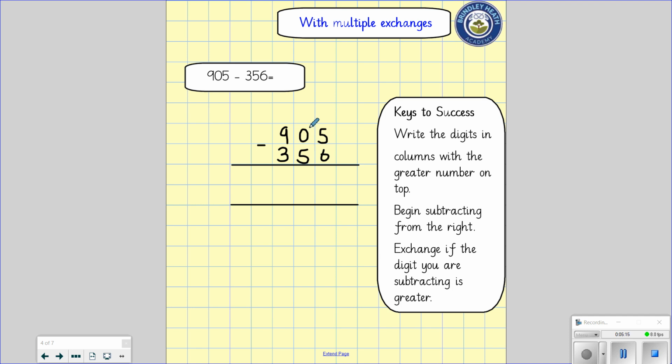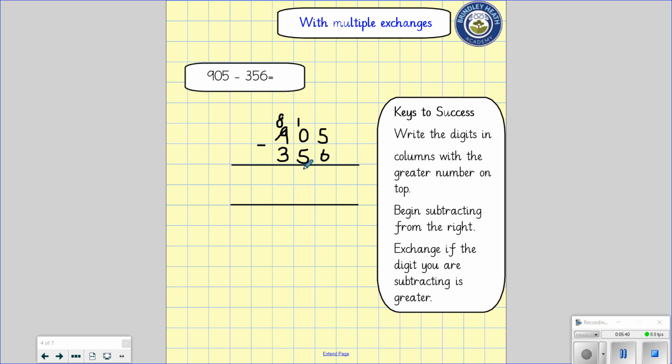So I've got to go to my hundreds column. So my 900s becomes 800s. And what I've got to do is exchange that 100 for tens. I can't take it straight to my ones column. So I'm going to exchange that 100 for 10 tens and put it into my tens column.